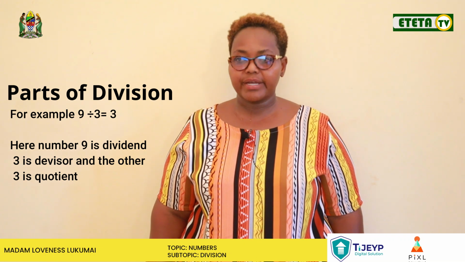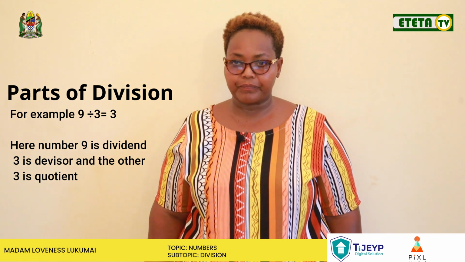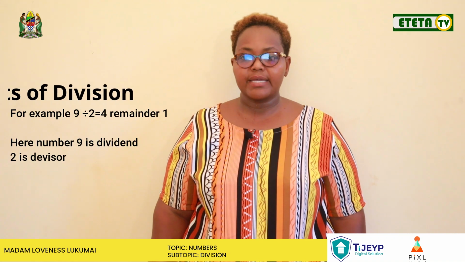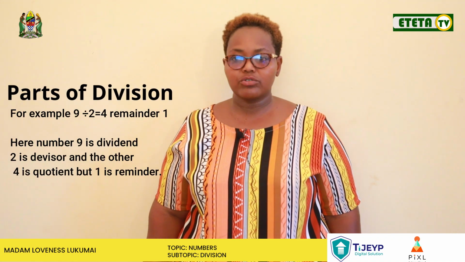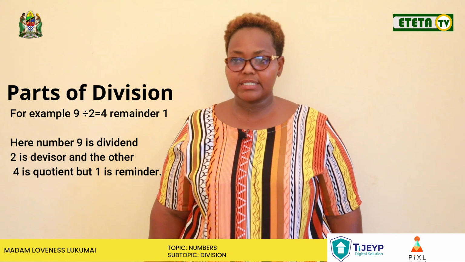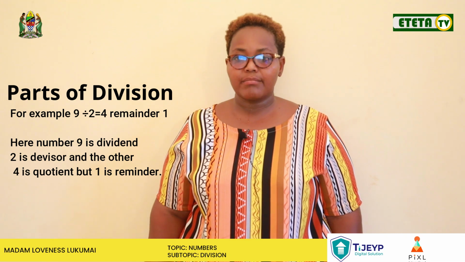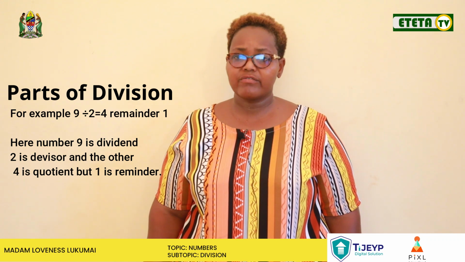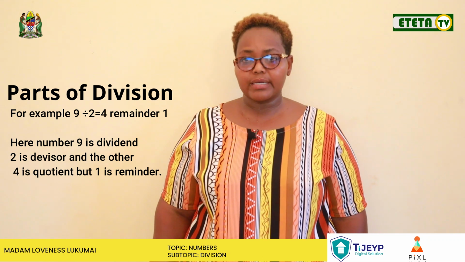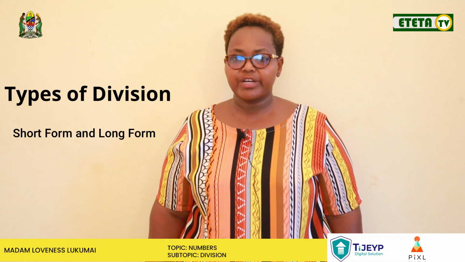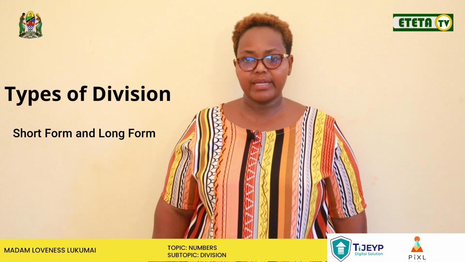And number 3 again is the quotient, which means the answer. In another example, number 9 is the dividend, number 2 is the divisor, and the other number 4 is the quotient, but number 1 there is the remainder. So sometimes when dividing whole numbers, you can get the answer without a remainder or with a remainder. There are 2 types of division, the short form and the long form.